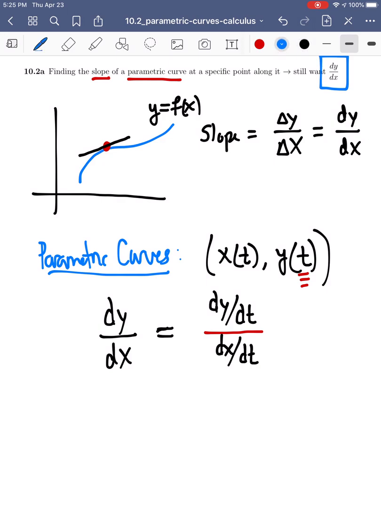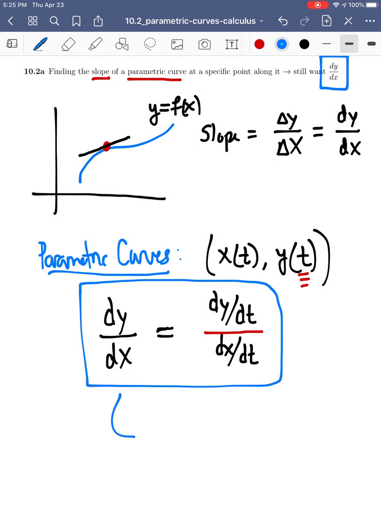So it still looks like a change in y over change in x. In fact, it looks like a change in y with respect to t over a change in x with respect to t. Hopefully that gives you a little intuition. And this is the formula for finding the slope at any point along a parametric curve.